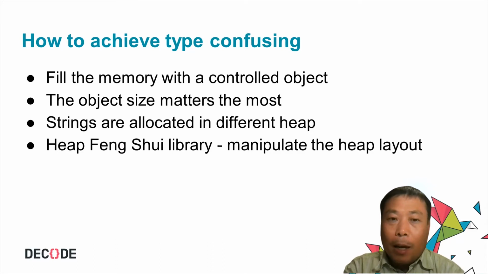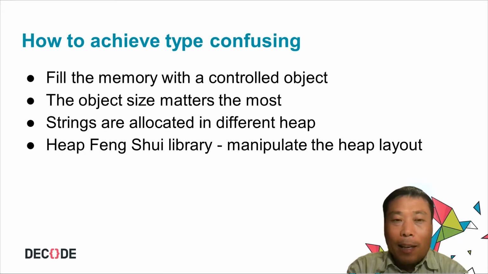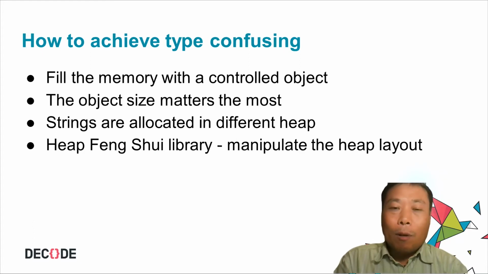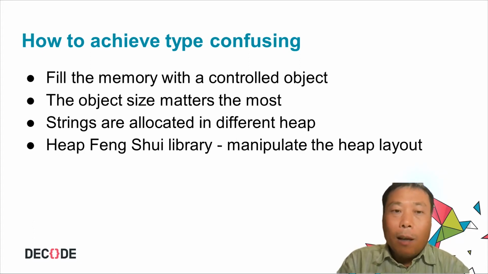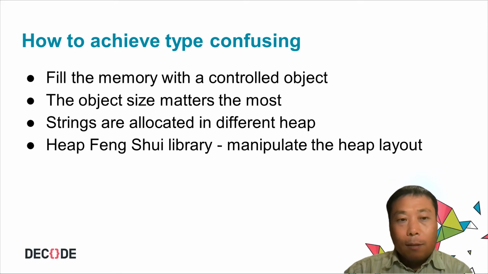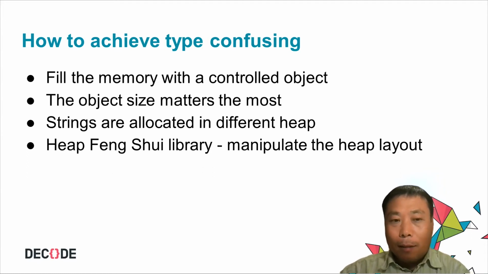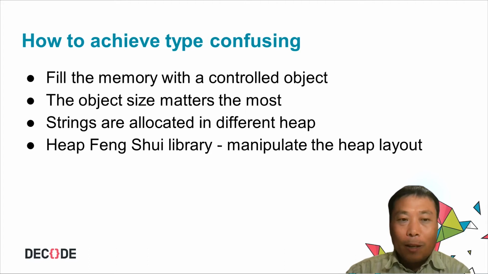If we can find a new type of object with exactly the same size, and we will create a new object, and very likely the CRT will reuse the memory with our new object so that we can control the data. So it seems string is a very good choice, since we can control the contents and then we can control the size of the string.